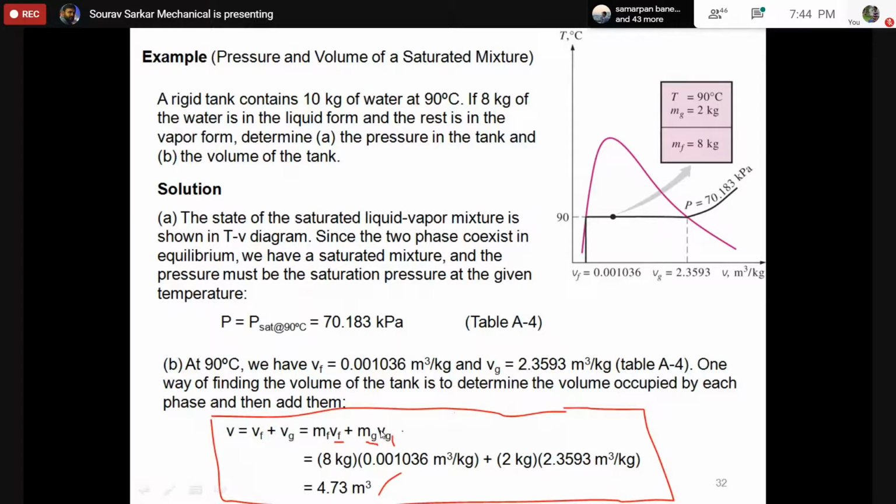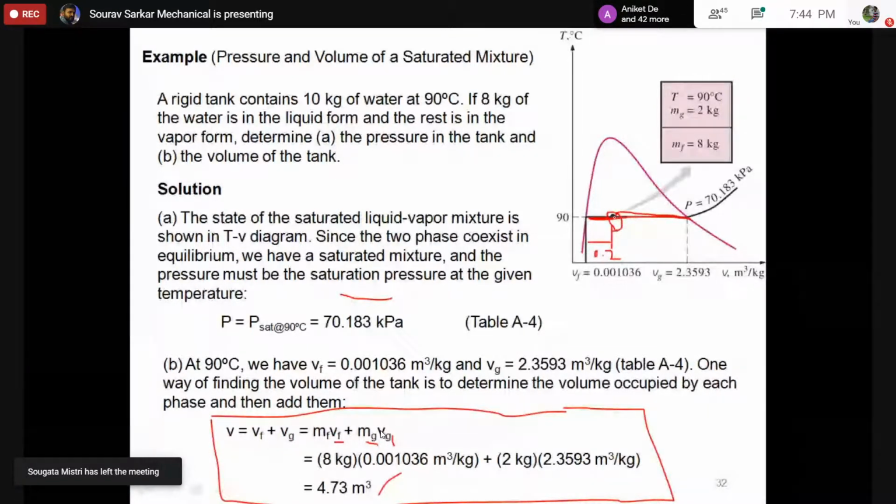So this is the way I can find out anything that is happening in between. So you see, this is 0.2. This much is vapor, and this much is still liquid. Okay.